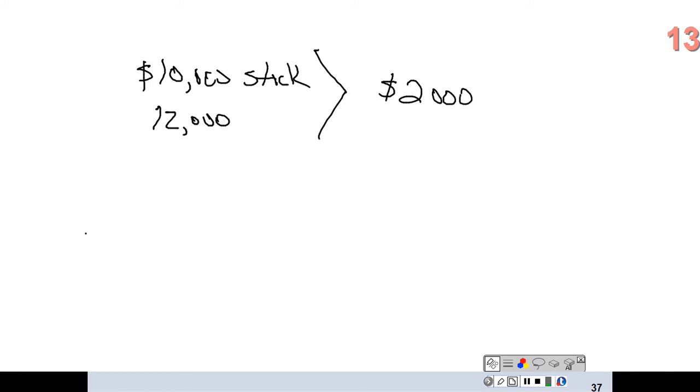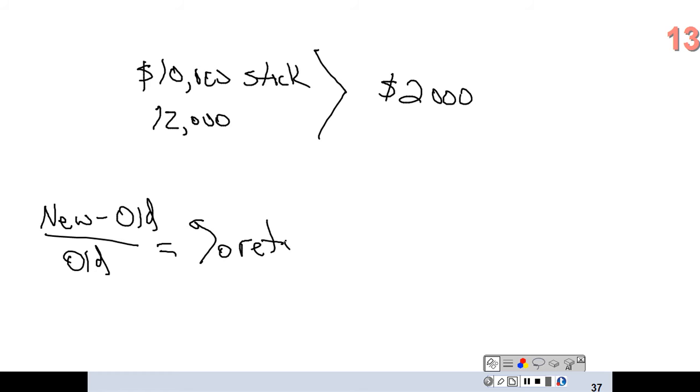Now, if we're going to calculate the percentage return, the formula is simply, and this is a nice formula for anybody to know, the new price minus the old price divided by the old price. This is just a percentage return formula, so you can use this anywhere. You're out shopping and something goes down from $10 to $8, you can calculate what's the percentage off.